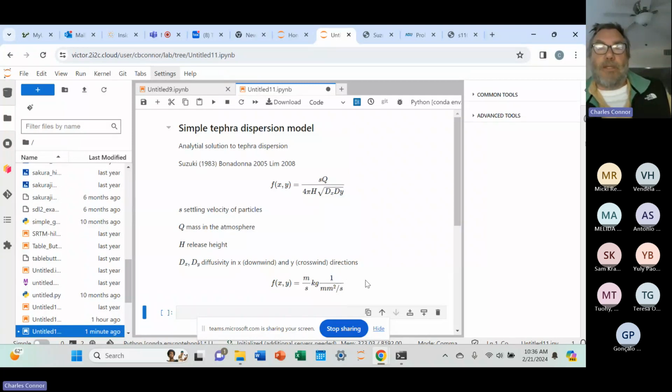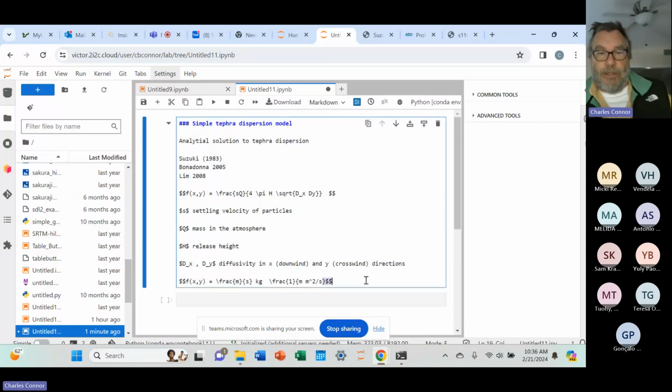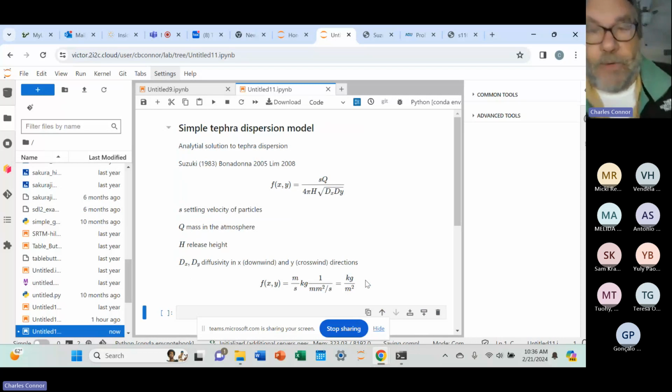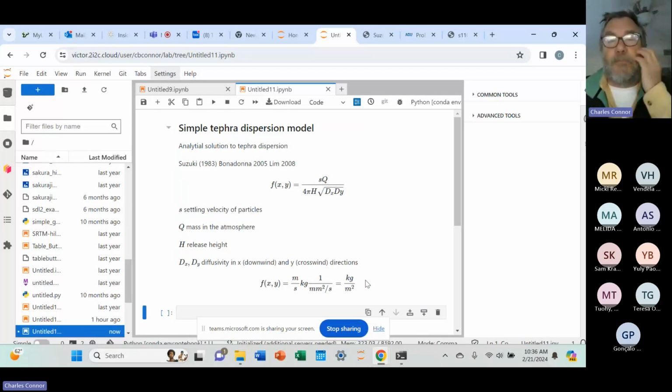And so that unit, kilogram per square meter, is mass loading. That's the output of most tephra models, kilogram per meter squared, and it comes out of the amplitude of the term.